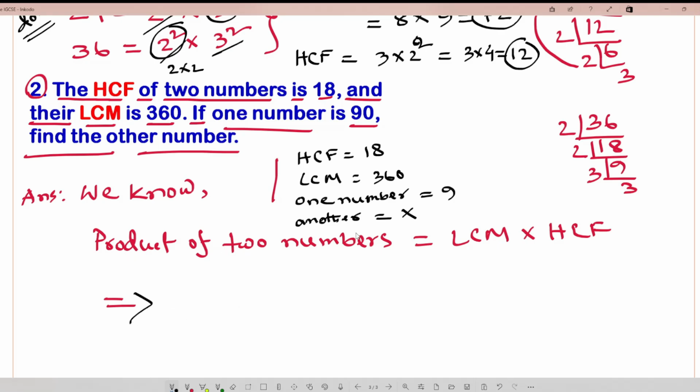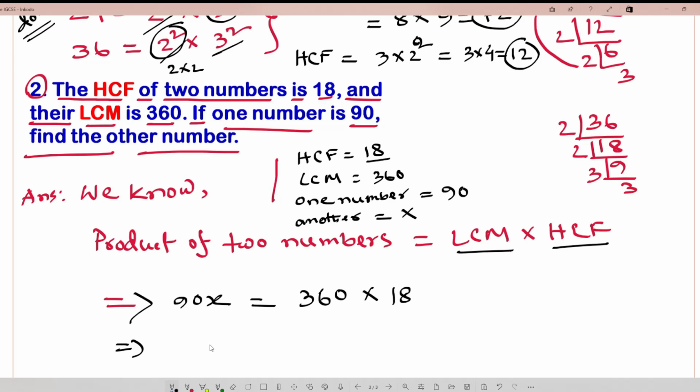So the product of two numbers means 90 times X, or we can write 90X. LCM is 360 times HCF is 18.